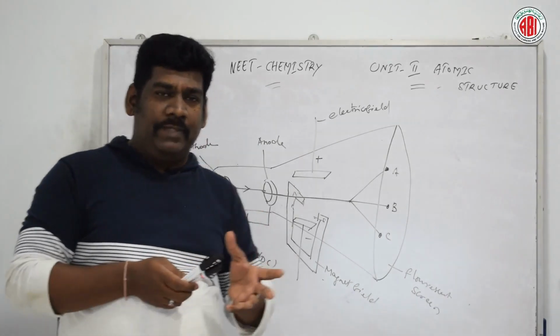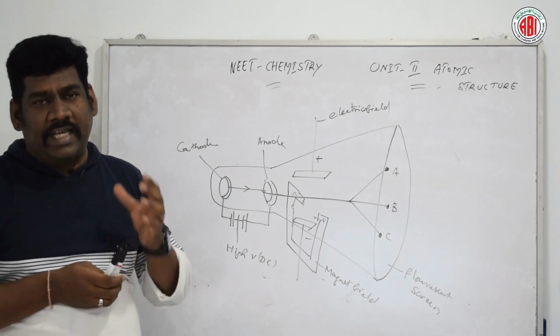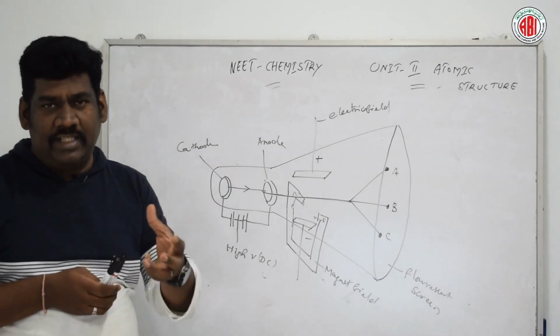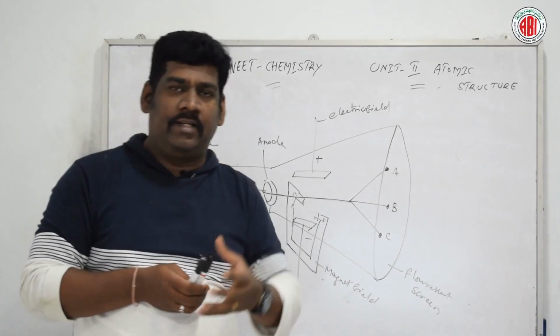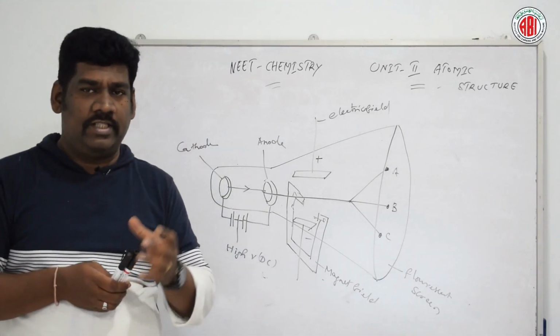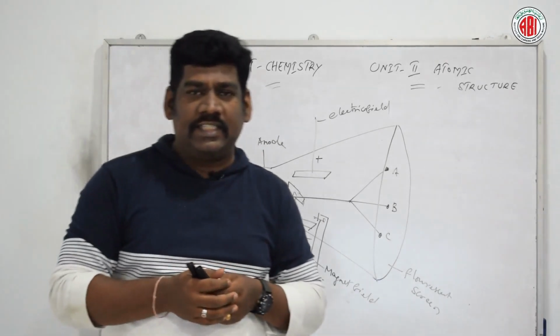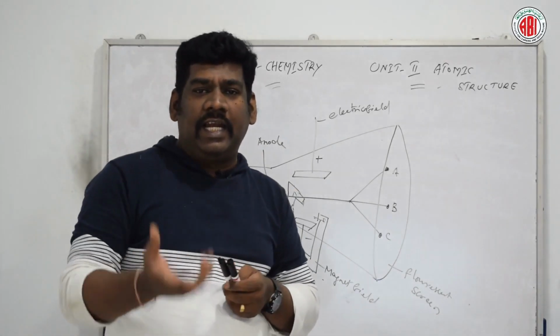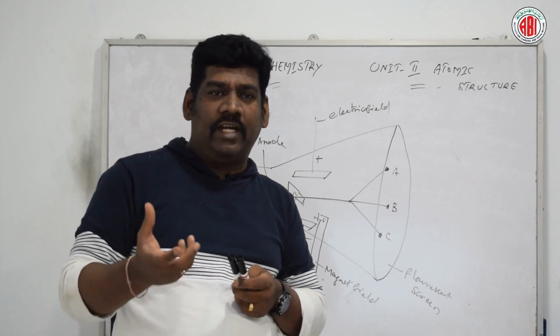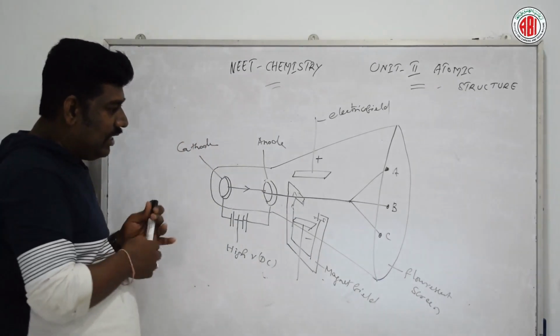So this experiment is based on the principle that the extent of deflection of the electrons depends on the charge on the electrons, the mass of the electron, and the strength of the electric and magnetic fields applied. See, the charge and mass of the electron.